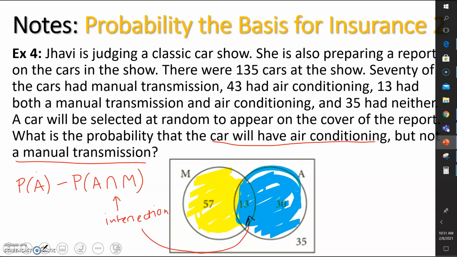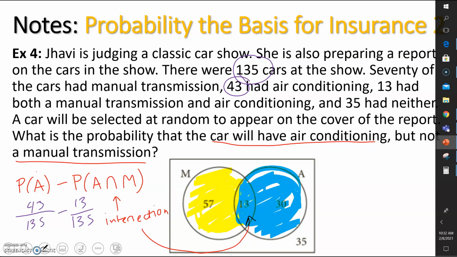So we know here that our probability of having an air-conditioned car is 43 out of, well, we have 135 cars at the show, minus the probability where the intersection occurs, 13 out of 135 cars.